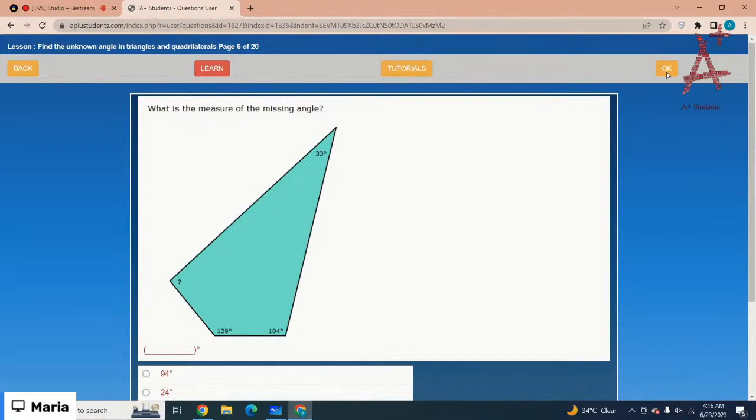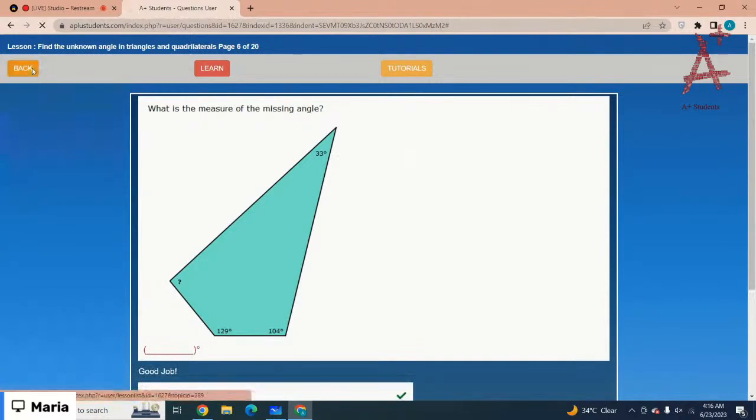Okay, so it is 104 plus 129 plus 33, and subtract it from 360. So it would be 94 degrees. That means the correct option is 94 degrees. Got it? Okay, you can complete the test by yourself later today. Let me just move on to the next lesson.